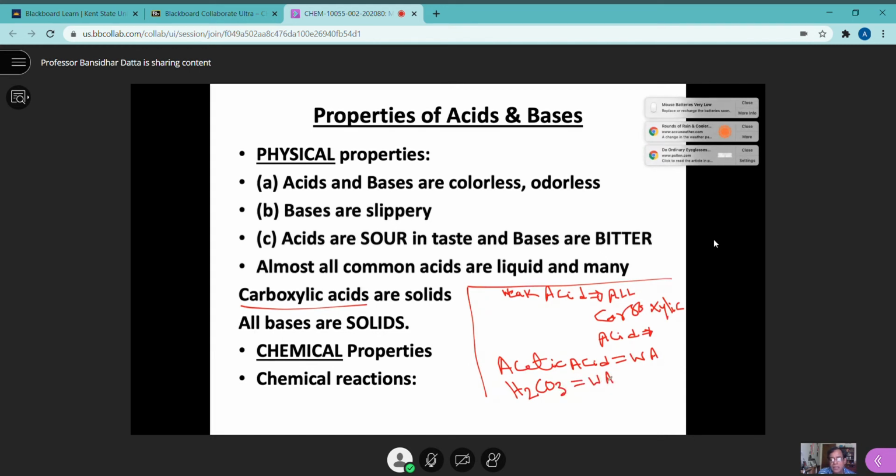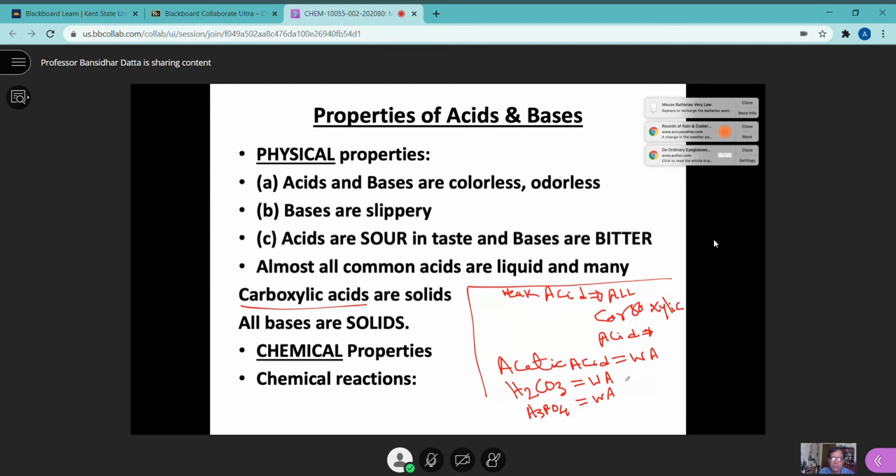You can have H3PO4, the phosphate. H3PO4 is also a weak acid. Please remember those. So all carboxylic acids, acetic acid included, and carbonic acid, phosphoric acid, they're all weak acids.